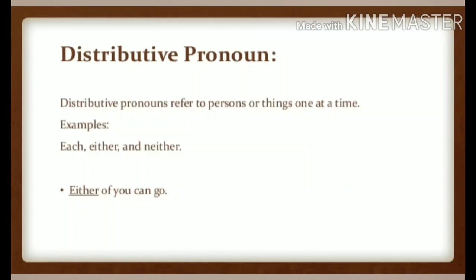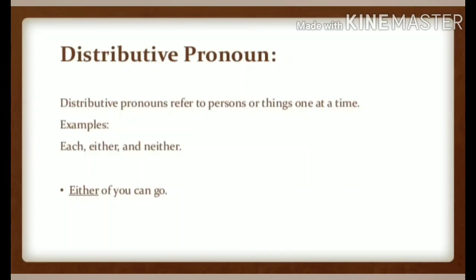Let's move further and let's talk about distributive pronoun. Distributive pronoun considers members of a group separately rather than collectively.